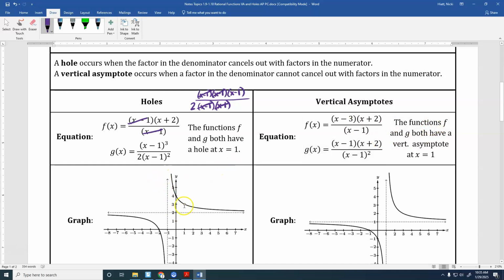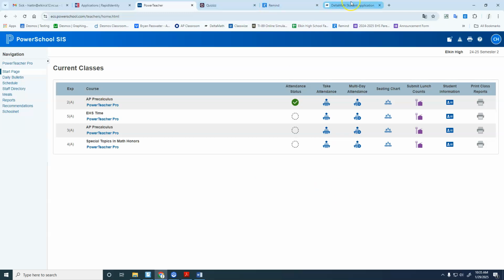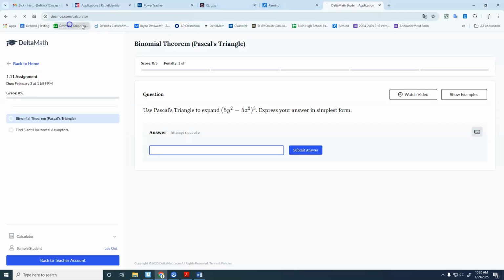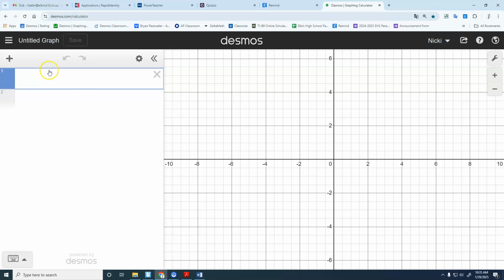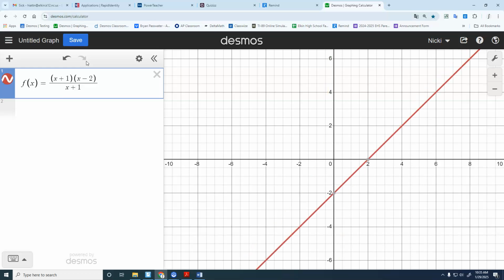Holes are just going to be shown by an open circle right here. You have to be really careful on Desmos for these, because if I pull up Desmos real quick and type in something that has a hole, y equals x plus 1, x minus 2 over x plus 1.